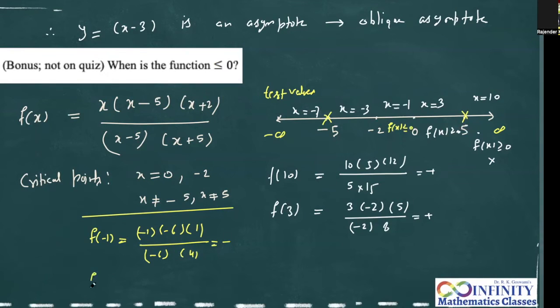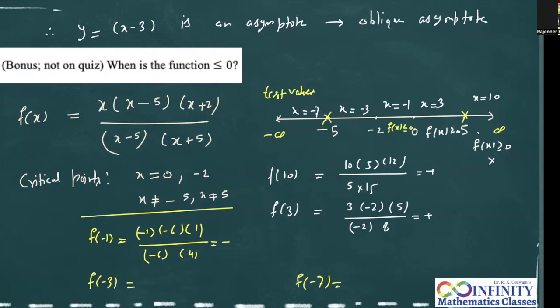Can you please check the same for f(-3) and f(-7)? Just do the calculation. Tell me with the values. For -3, it would be positive, and for -7, that would be negative. So f(-3) is going to be negative.